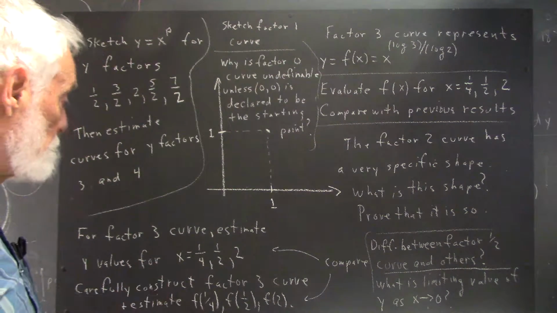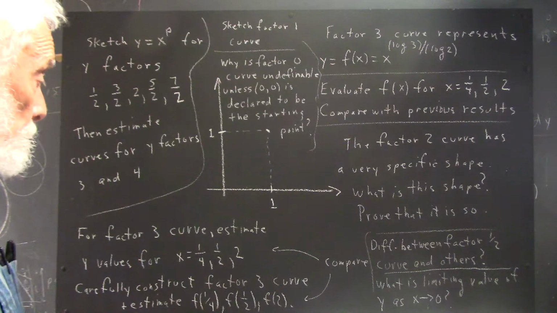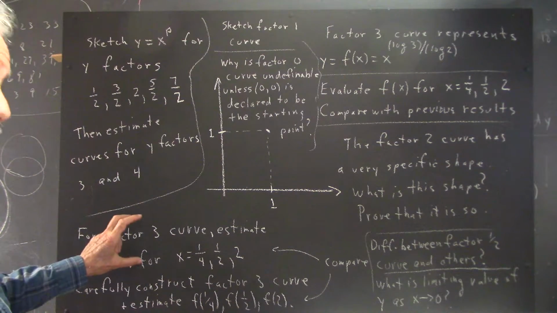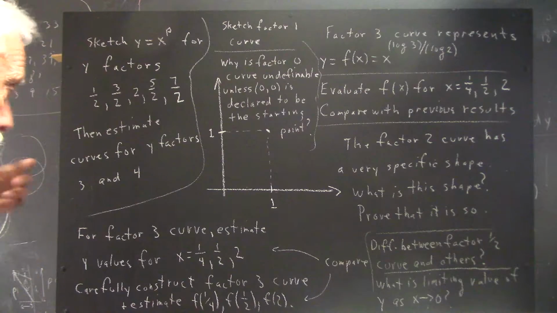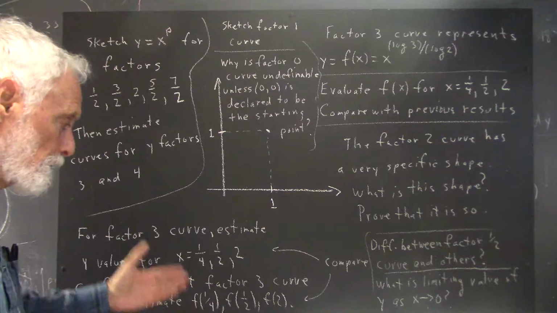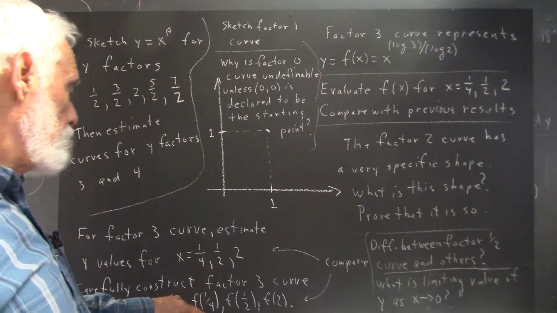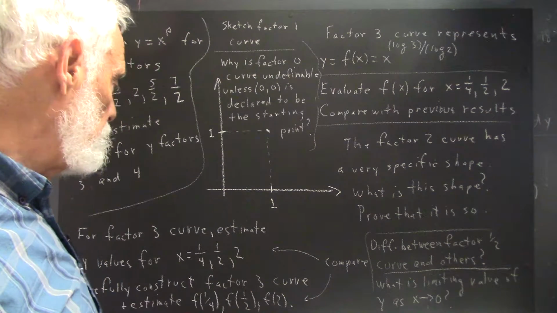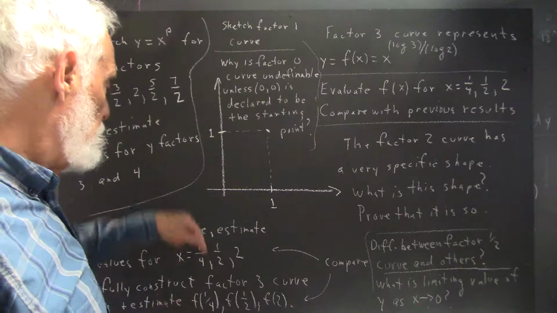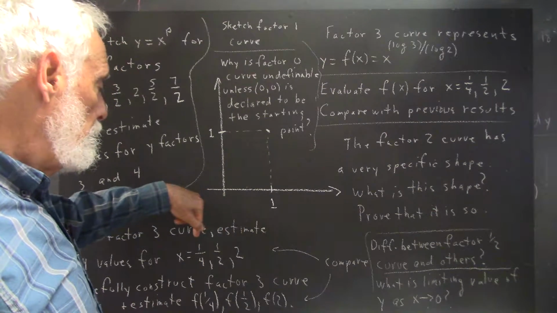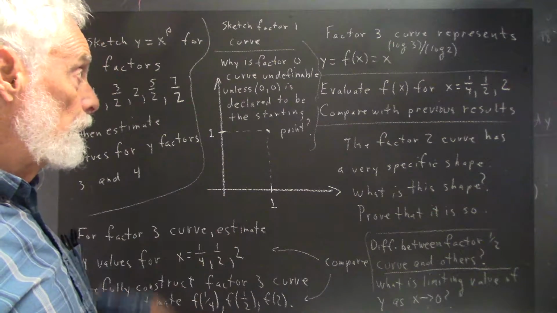You won't have done this one perfectly either. There's bound to be some discrepancy unless you just traced over this curve, in which case you completely lose the whole purpose of this part of the exercise. So anyhow, we estimate f of 1/4, f of 1/2, f of 2. Again, these values will be close to, but probably will differ in some way from the values you got here.